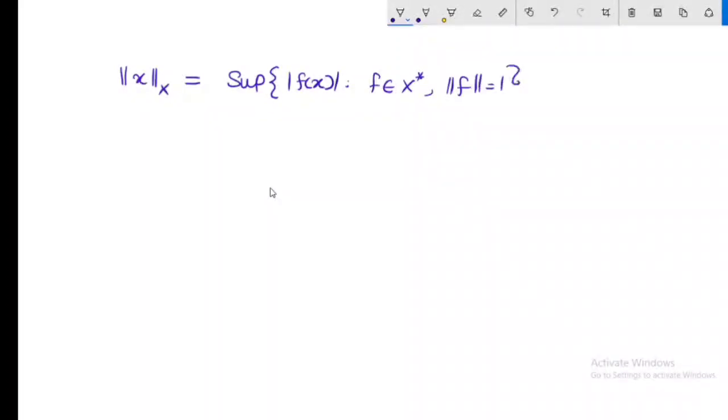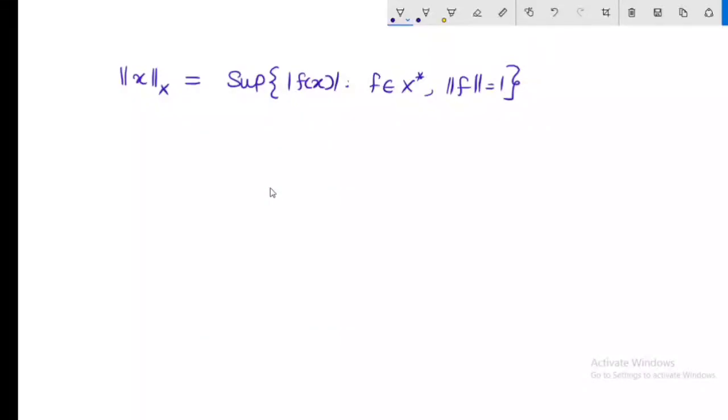The result says that, for x an element of capital X, the norm of x is equal to the supremum of modulus of f of x such that f belongs to X star satisfies the condition norm of f equal to 1. We have to prove this.